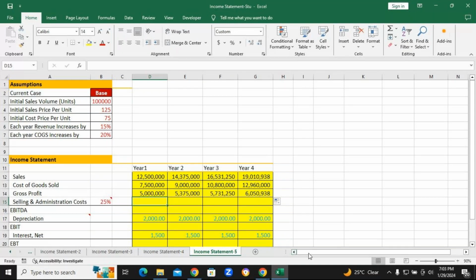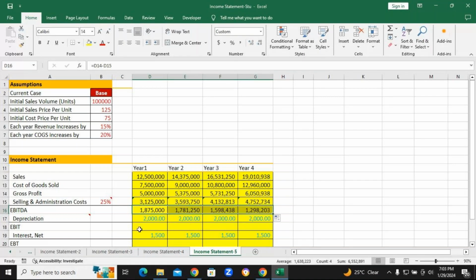I will write equals sales revenue into 25%, and drag towards my right. EBITDA equals gross profit minus selling and administration. I'll drag it towards my right.